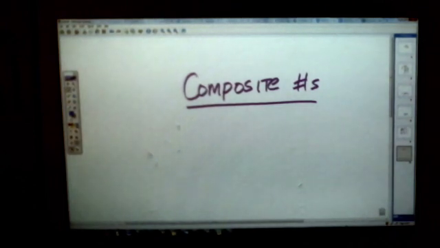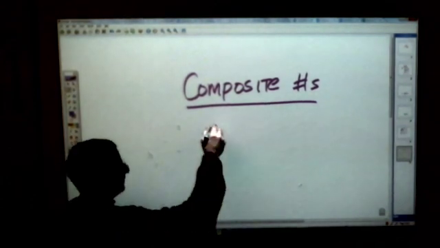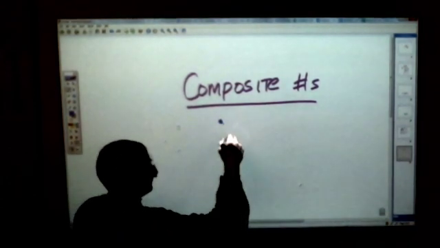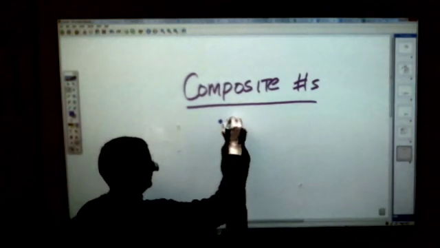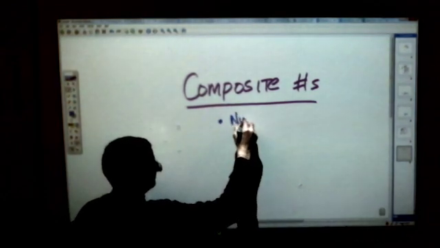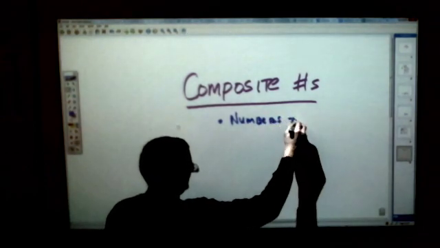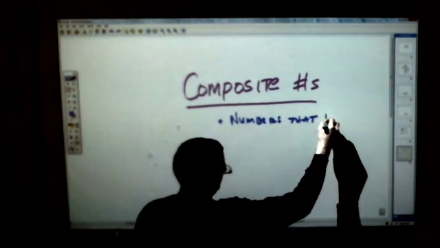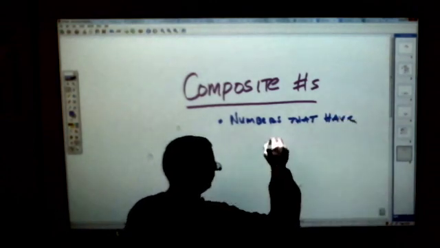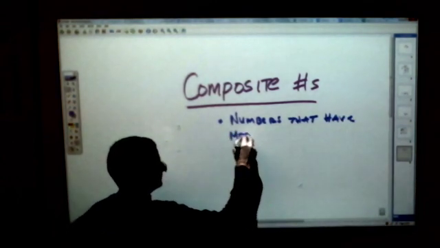Sam? Number that's not a prime number. Very good, yes. A composite number, actually the technical definition is numbers that have more than 2 factors.